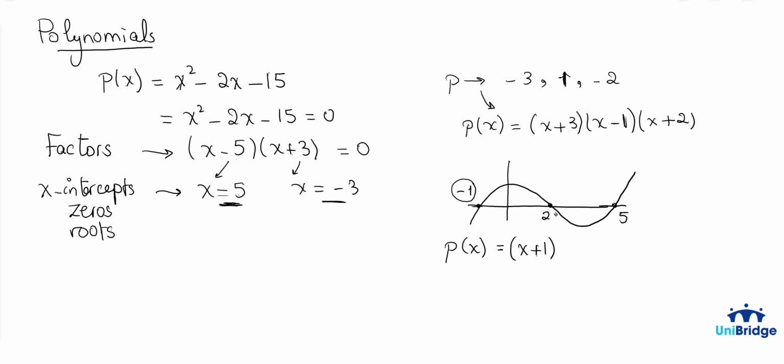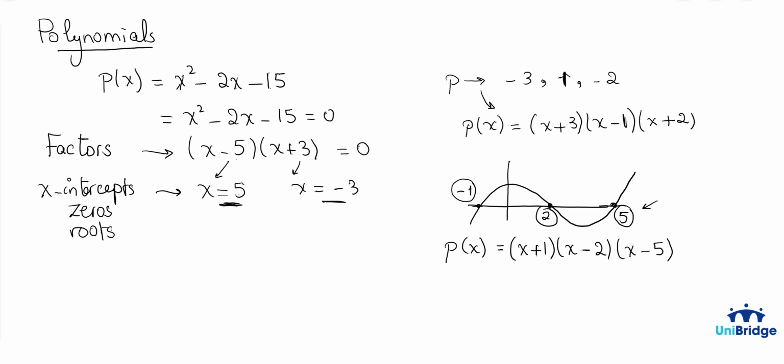If it has a root at 2, the bracket is x minus 2. And since it has a root at 5, the bracket is x minus 5. So these are the factors. And the roots, again, are the values of x where the function is equal to 0.